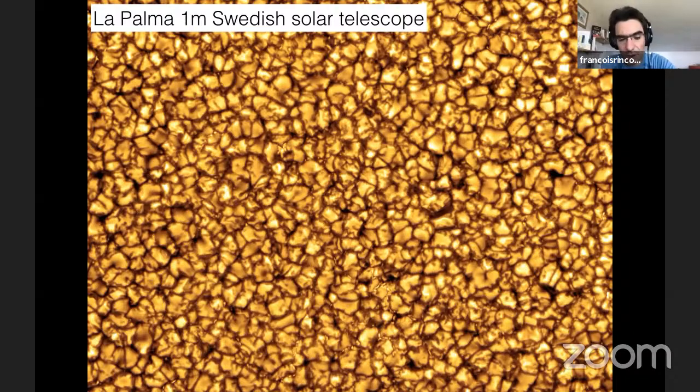That's called granulation, and it's a characteristic of all stars which have a convective envelope. And this is a very thin phenomenon. It's a dynamical phenomenon that develops in the superadiabatic layer just below the surface over just a few hundred kilometers, corresponding to the overturning of surface convection as radiative cooling takes place.